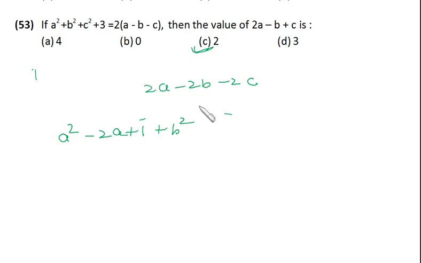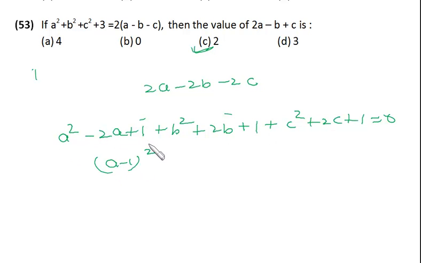Plus b square minus 2b to left hand side, plus 2b plus 1. Plus c square plus 2c plus 1 is equal to 0, right? So here it is a minus 1 whole square plus b plus 1 whole square plus c plus 1 whole square is equal to 0.